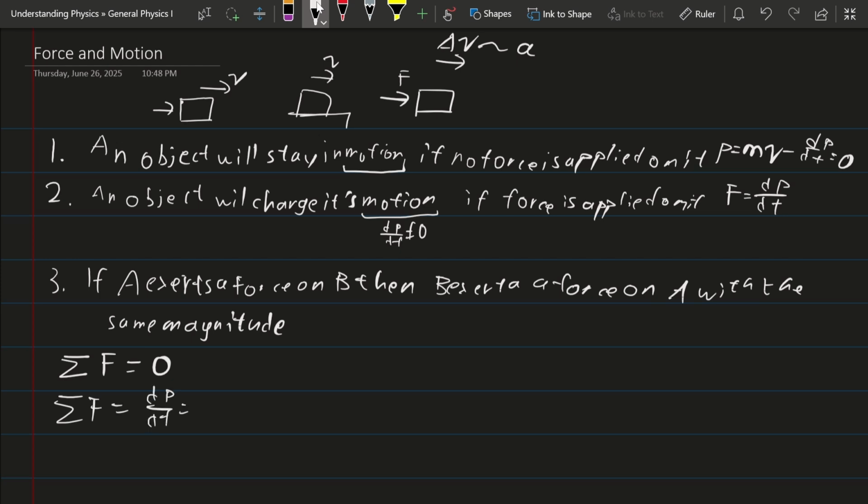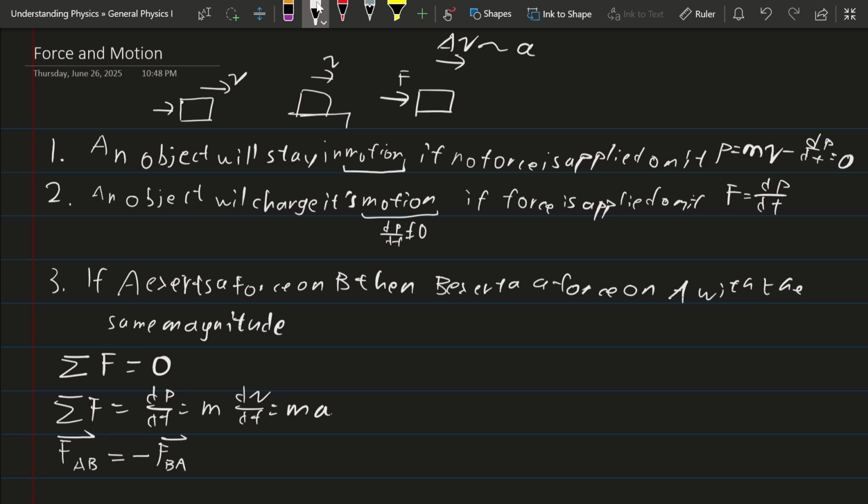We figured this out to be d over dt of mv. But since m is constant, we can state it as m times dv over dt, which is the thing that we call ma. And lastly, for the third one, we normally state it as the F vector from A to B is equal to the negative of the F vector from B to A.